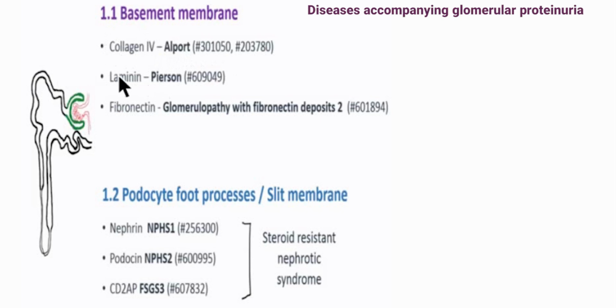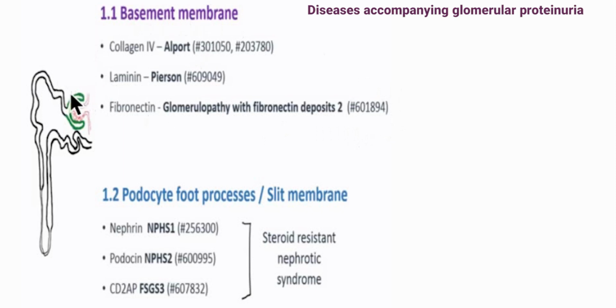Also, the basement membrane can include laminin pathology. It's a kind of Pearson syndrome. And fibronectin pathology, it's glomerulopathy with fibronectin deposits too. So these are the diseases which can be present in basement membrane pathology.